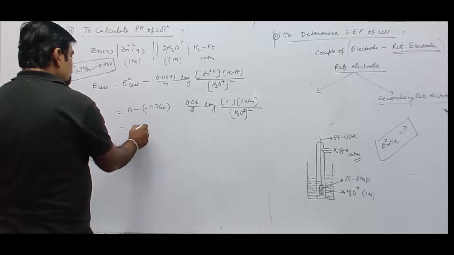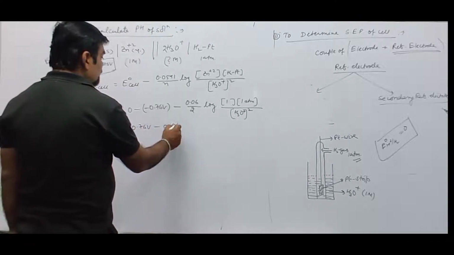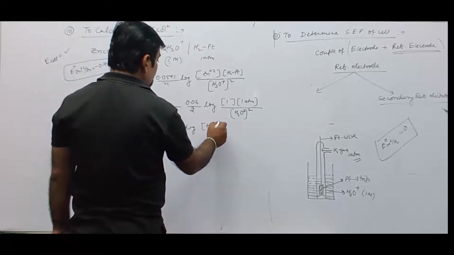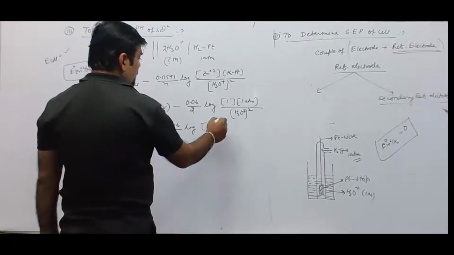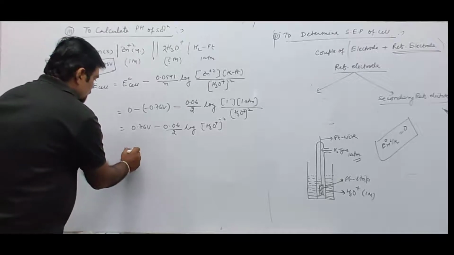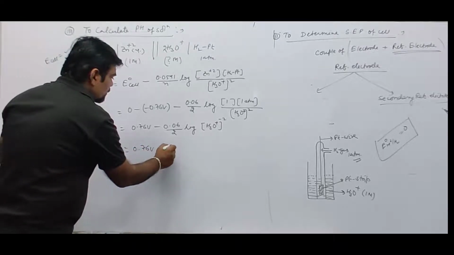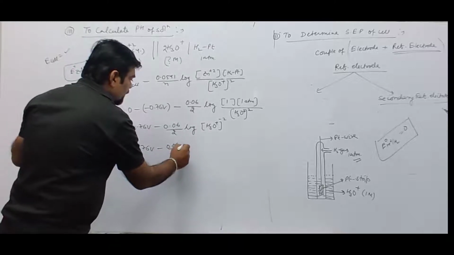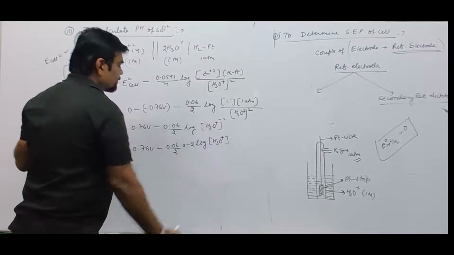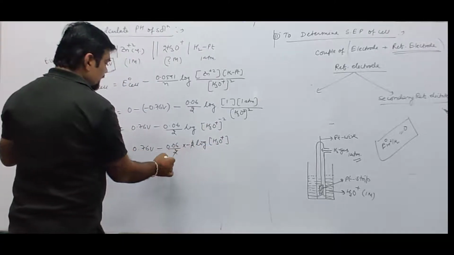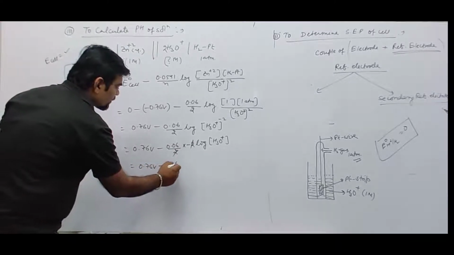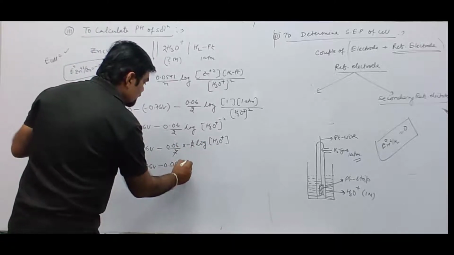So this will become 0.76 volt minus 0.06 by 2 log base 10 of H3O+ molar concentration to the power minus 2. So this will become 0.76 volt minus 0.06 by 2 into minus 2 log of H3O+ concentration. This 2 and 2 cancel. We will have 0.76 volt minus 0.06 and minus log of H3O+ is pH.